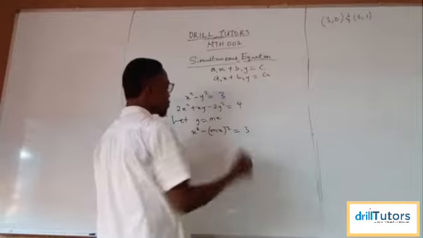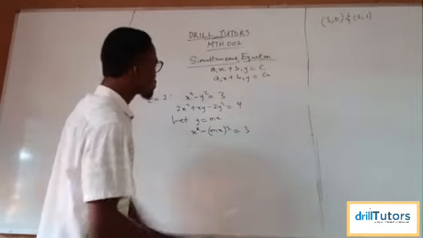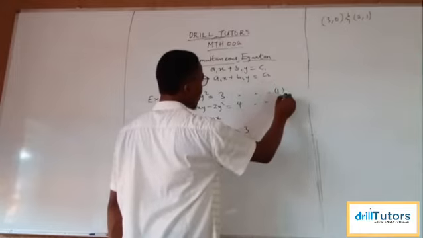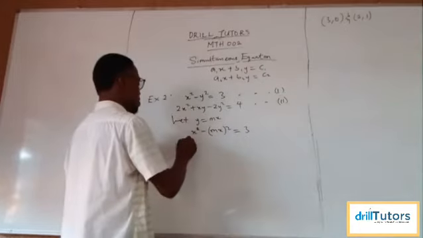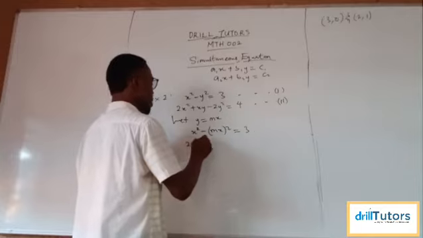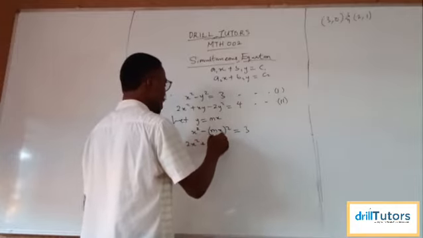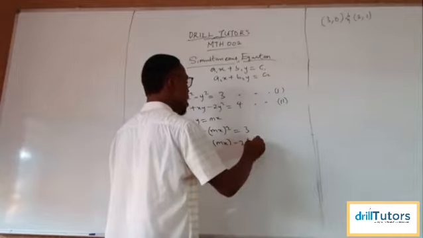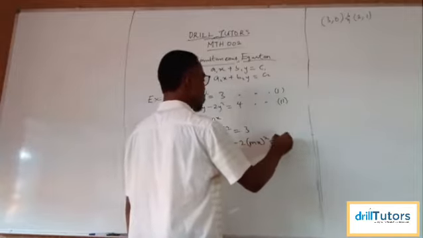To be equal to 2 and to be equal to 3. And equation 2 becomes 2s squared plus s into bracket mx minus 2 into bracket mx all squared to be equal to 4.